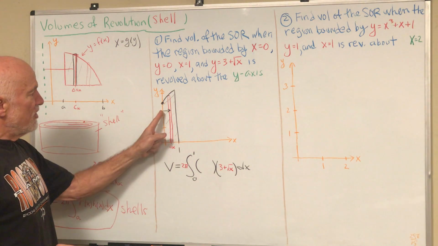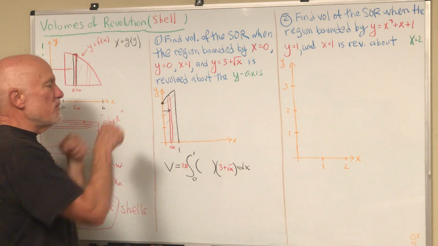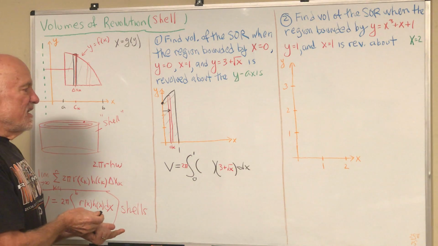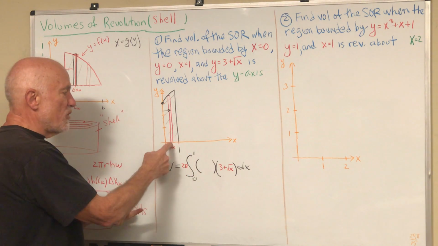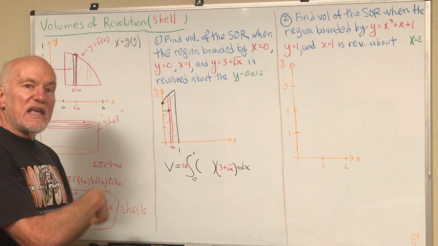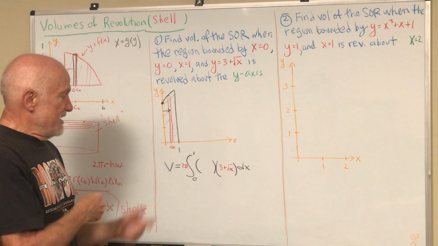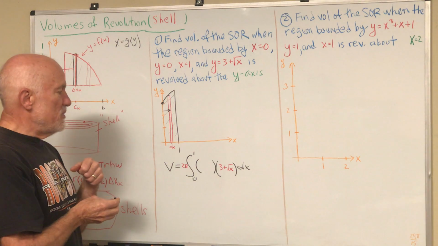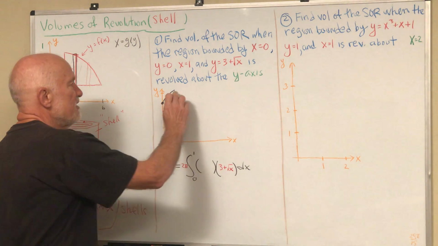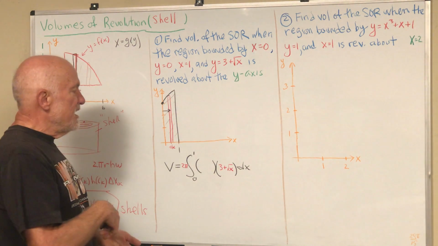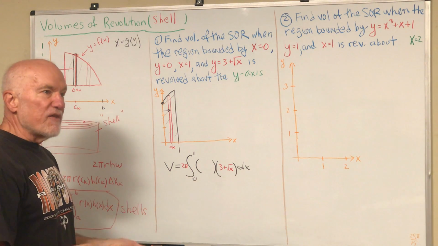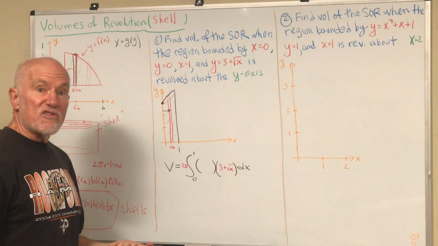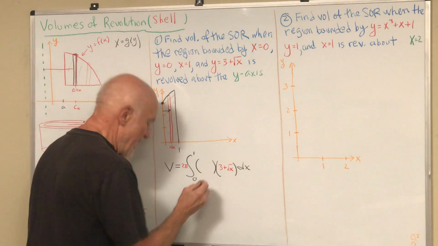So when x is 0, this rectangle would be right up against the axis. When it gets to right in the middle there, the radius would be 1/2. So when x is 1/2, in our integration, that's what the radius would be. And the same thing when you get the rectangle out to this far side, then the radius would be 1. So the radius is whatever x happens to be. It's a function of x. It happens to just be x.